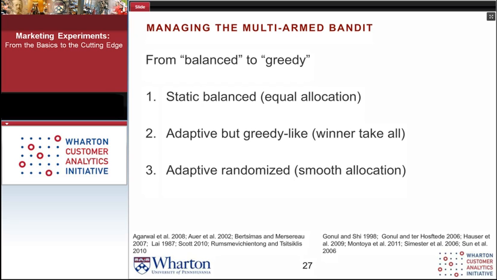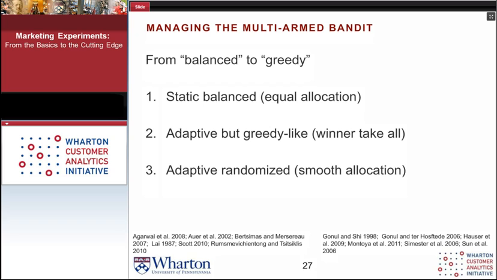So in the context of online advertising, there would be the rotation weights, as it's known in the online display language, the proportions with which each ad is served through the delivery system, equal within each site. Now, at the other extreme, there's something called the greedy algorithm, a heuristic, just a shortcut that says, we've seen enough information, let's just crown the winner, and let's throw all of our eggs in one basket.